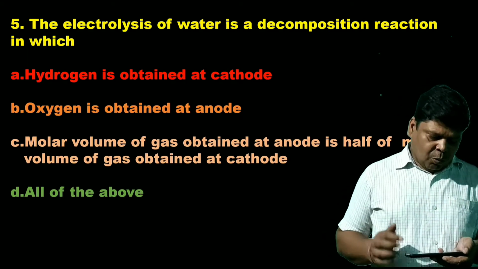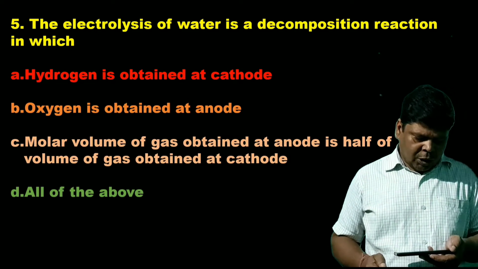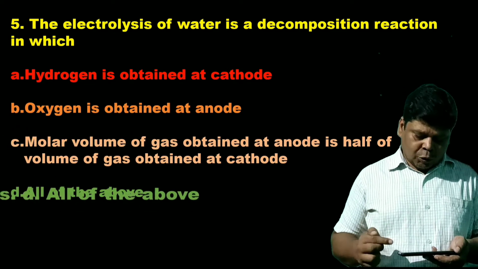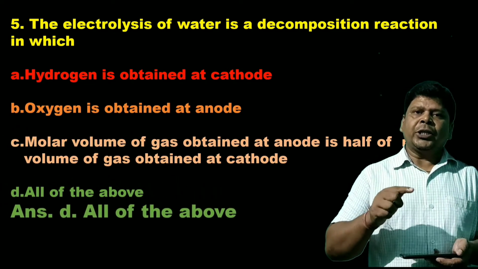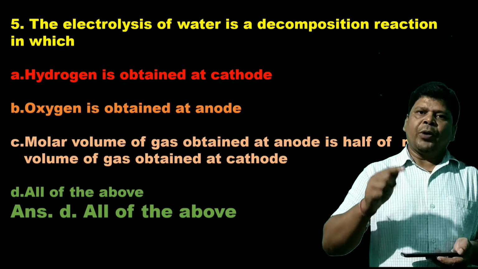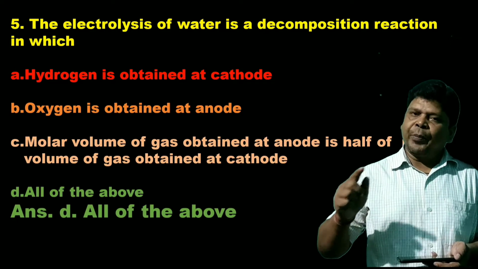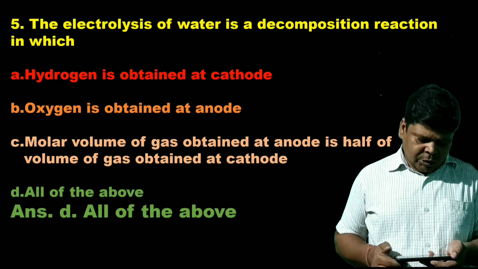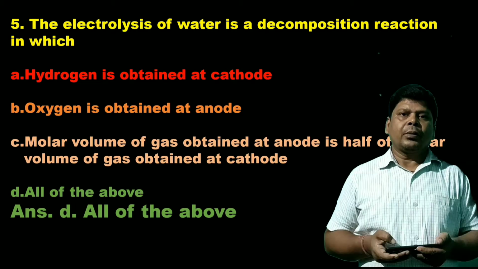Now see, the molar volume of gas obtained at anode is half of the molar volume of gas obtained at cathode. At anode we get O2. In H2O, hydrogen is double by volume compared to oxygen. So C is also correct. So the answer would be D, all of the above.